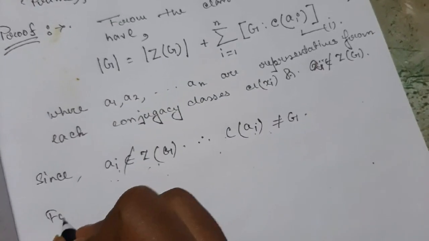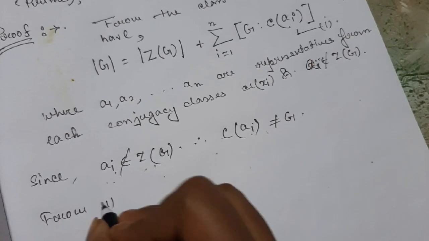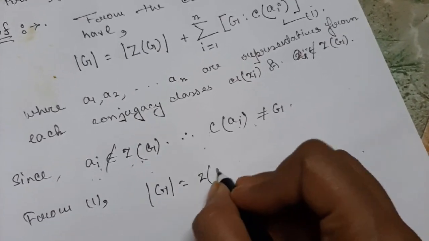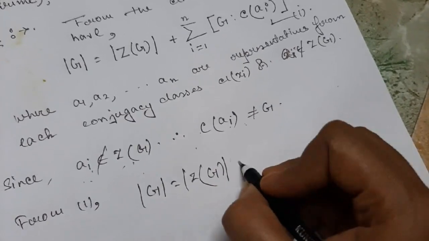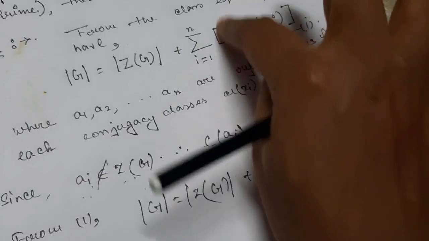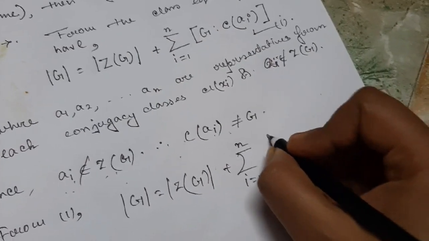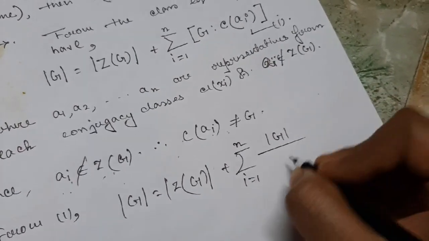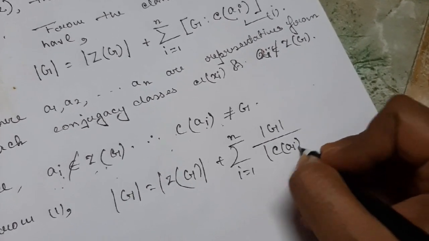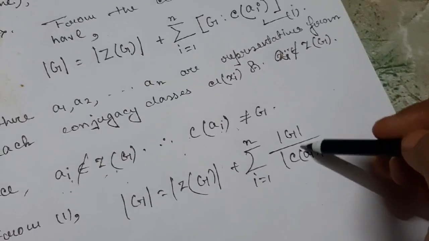Now from equation 1, cardinality of G equals cardinality of ZG plus summation i equal to 1 to n of mod G by cardinality of the centralizer. We all know it.